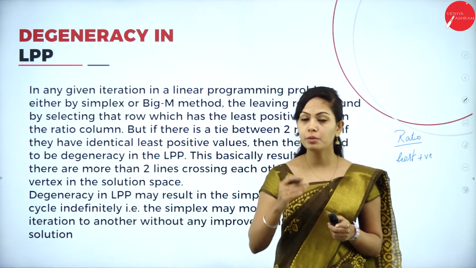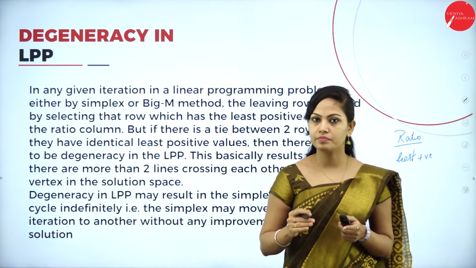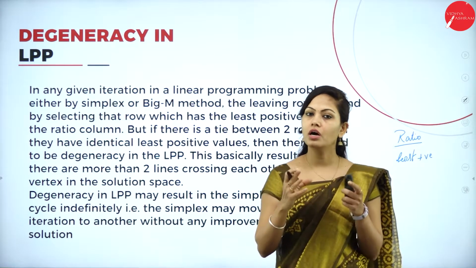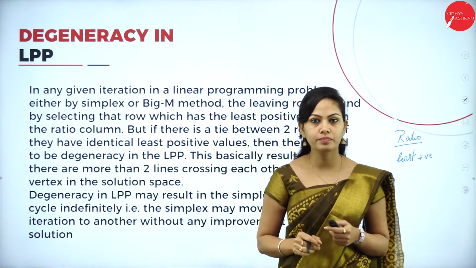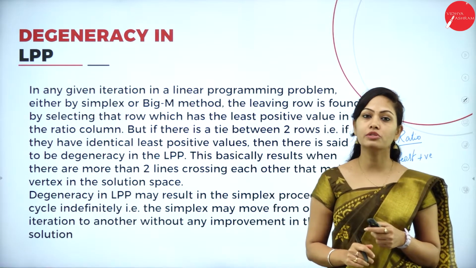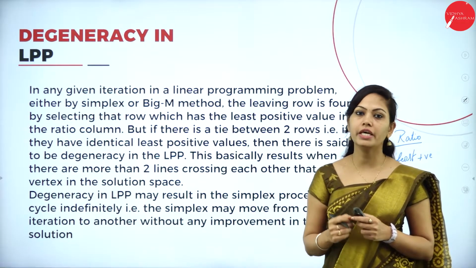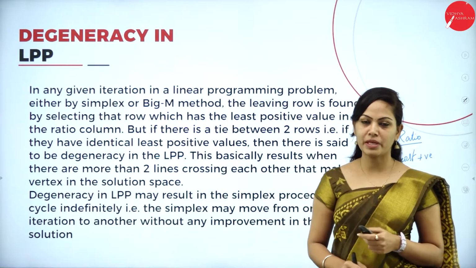But if you get both values the same, that means a tie between two or three values, how do you select the key row? That condition is known as degeneracy. So how to solve this degeneracy in LPP? I will explain it one by one.